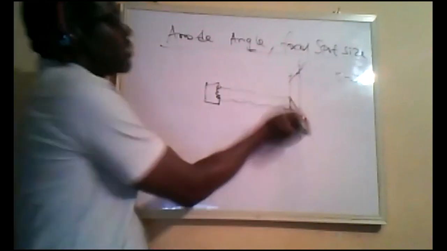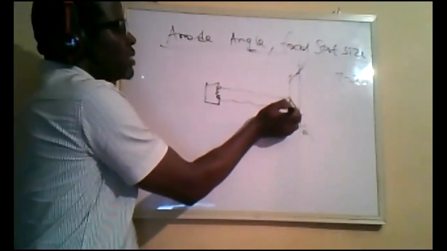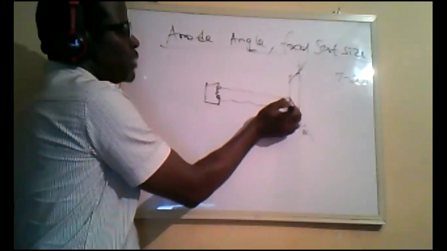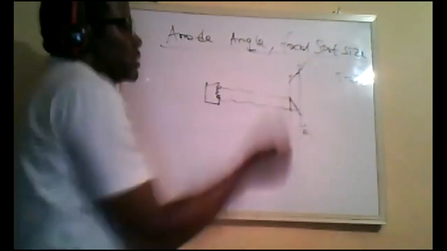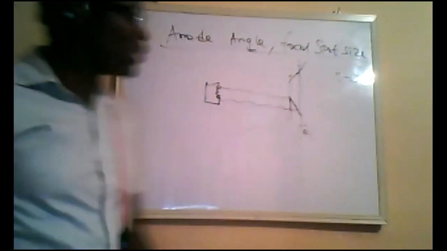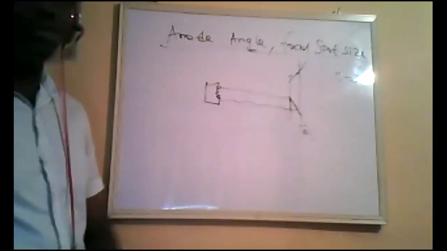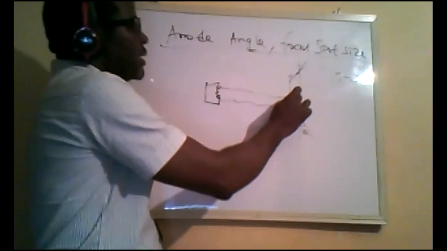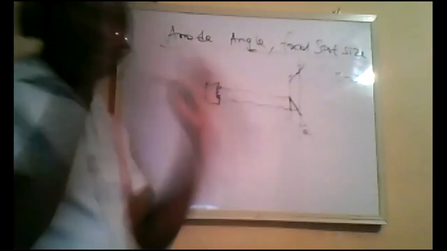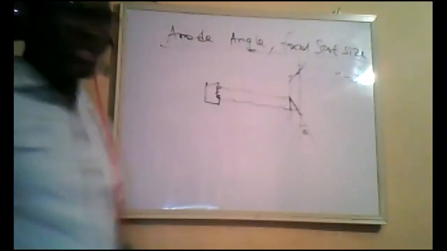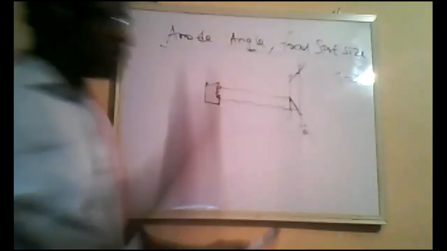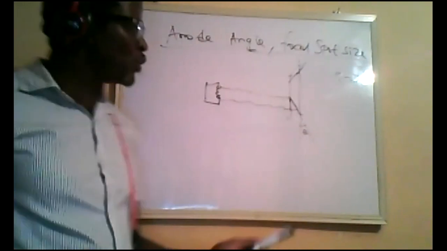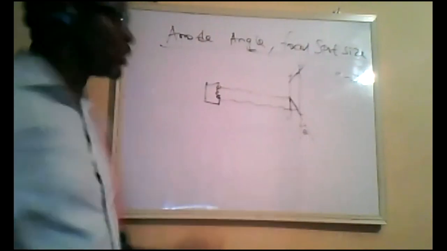You can see this from simple mathematics. From here to here is the hypotenuse, and this length is smaller than it. So we are going to have a better heat distribution than if it were just 90 degrees to this. That is why the anode is tilted at an angle.